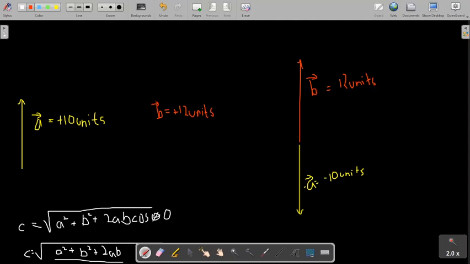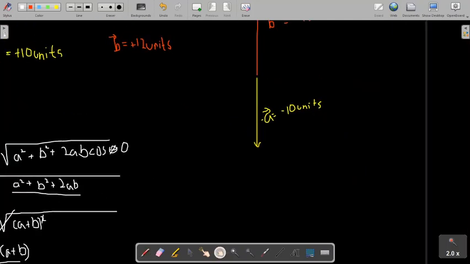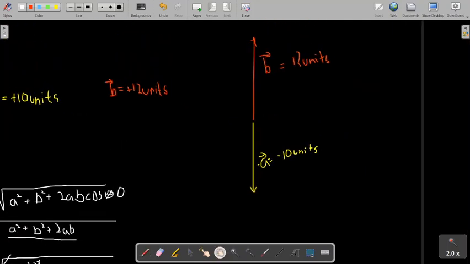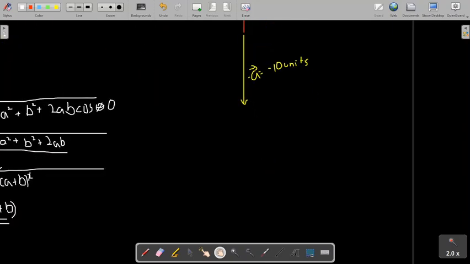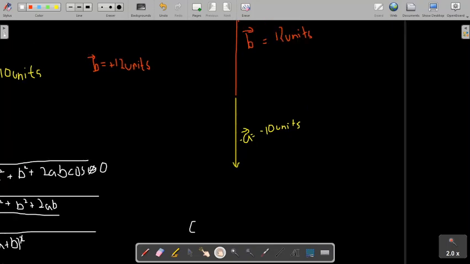Since we have inverted it, we would get vector a as negative 10 units, and if we add them up, it's the same thing as adding the vectors when you invert the direction of a. So we would get the resultant, and there's one thing to notice: the angle between them.